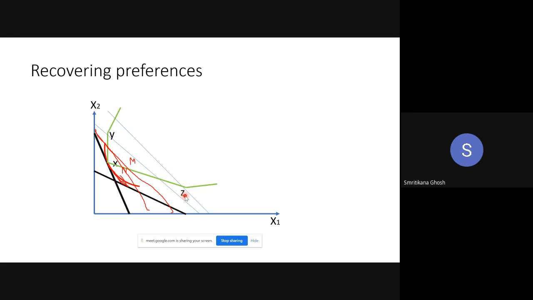So from there you can find out his preference pattern or the indifference curve. Information about the indifference curve is not given in reality. But you have to repeat it again and again, so that you will get the indifference curve of that particular consumer. It's very difficult to get, but you can get it.